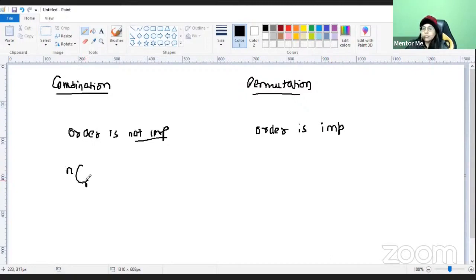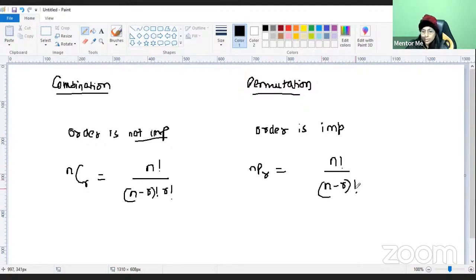NCR is the formula for combination and NPR is the formula for permutation. NCR would be n factorial by n minus r factorial into r factorial, whereas NPR would be n factorial by n minus r factorial. N standing for the total number and R standing for our target out of the total number.